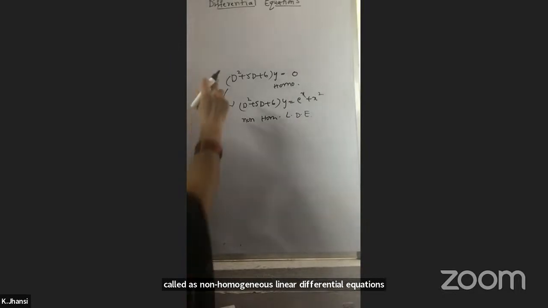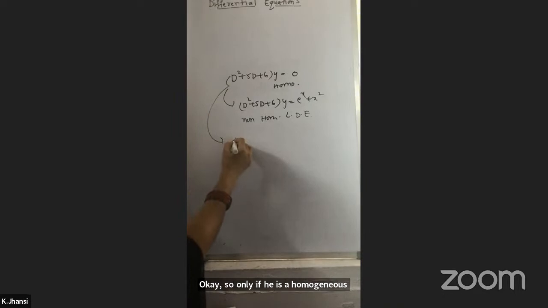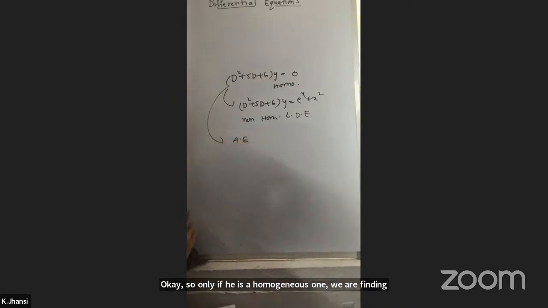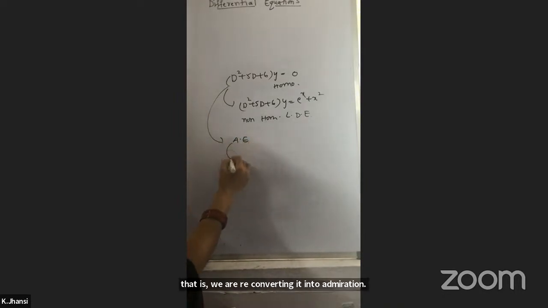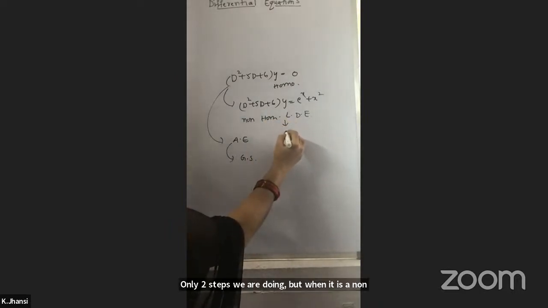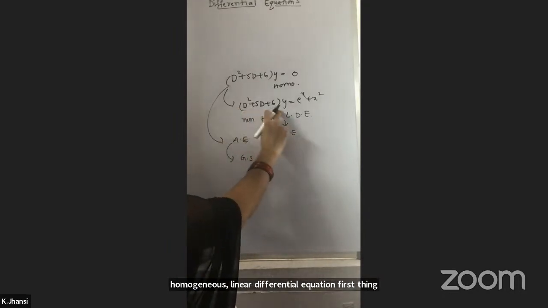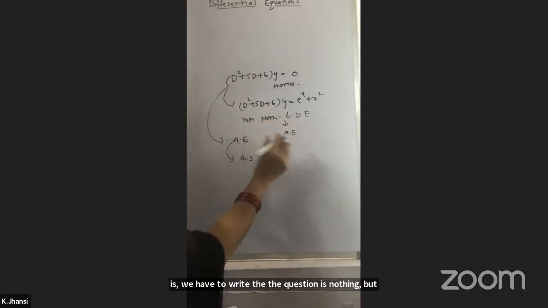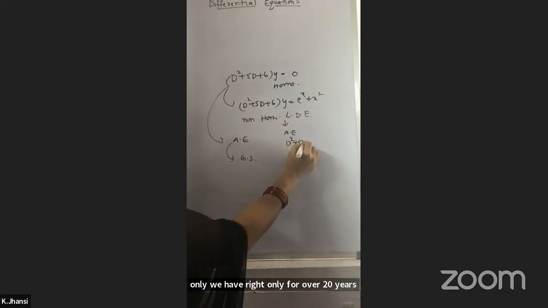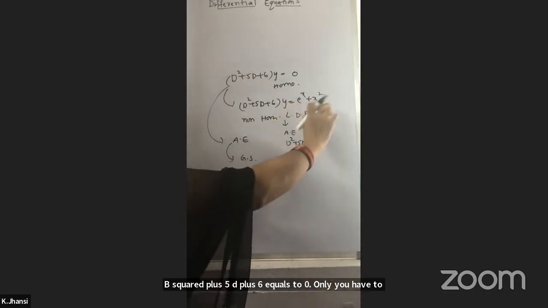If it is a homogeneous one, we convert it into the auxiliary equation and then write the general solution. Only 2 steps. But when it is a non-homogeneous linear differential equation, first we have to write the auxiliary equation, taking only the homogeneous part, that is d square plus 5d plus 6 equals 0, not the right hand side value.